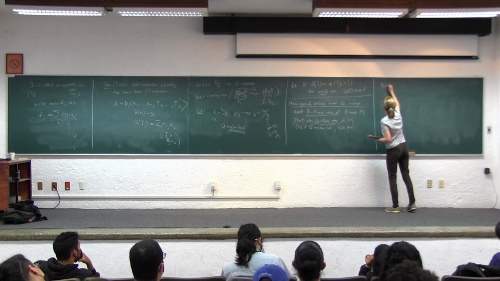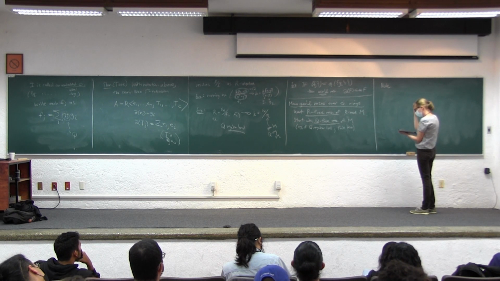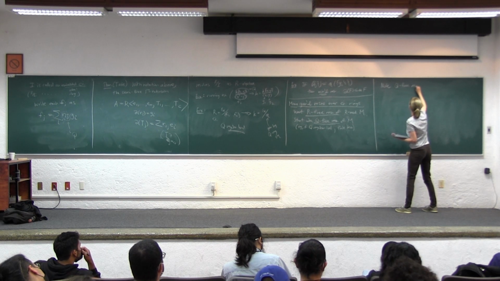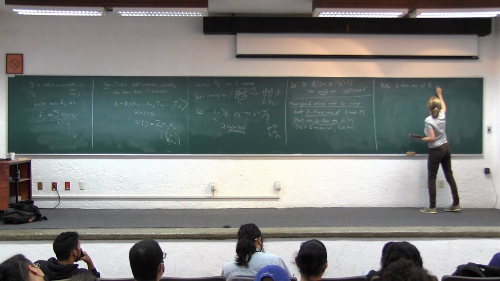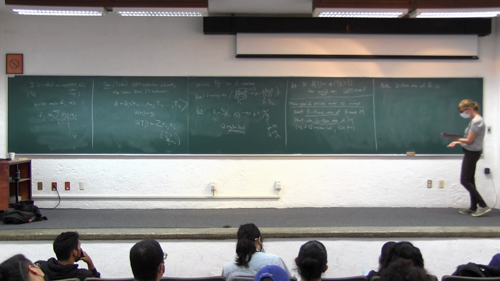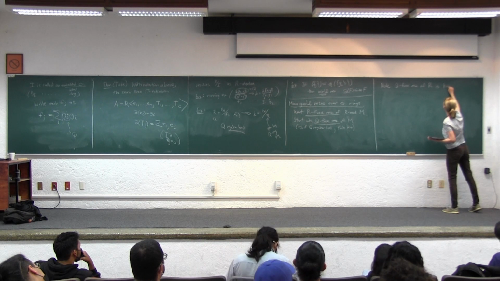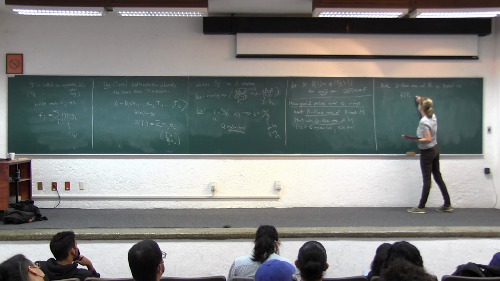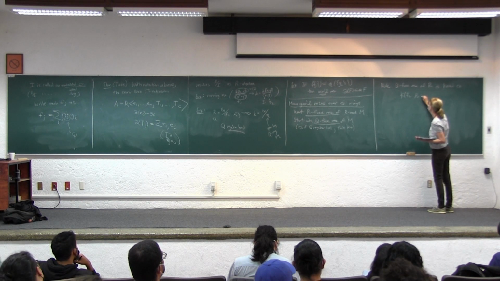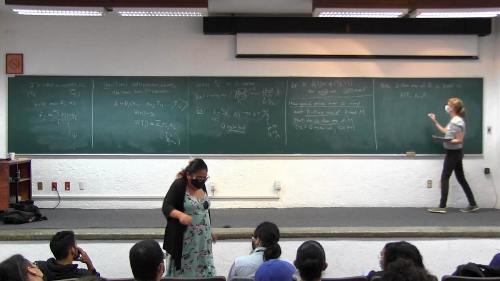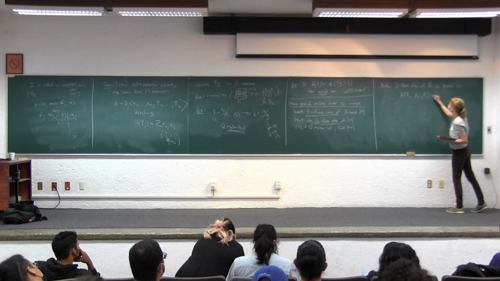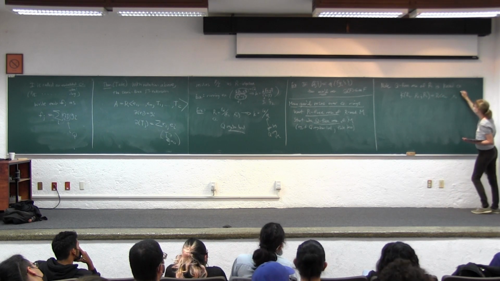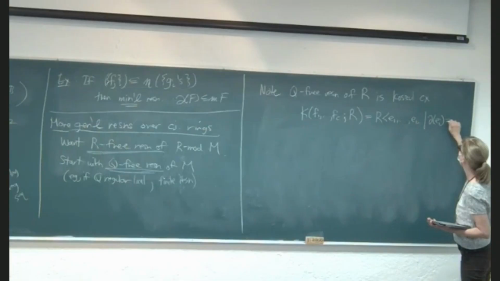Note that the Q-free resolution of R is, since you've got a regular sequence, the Koszul complex K on F1 through FC over the ring Q. I mean, nowadays we also write this as Q adjoin E1 to EC, such that the boundary of Ei is Fi.